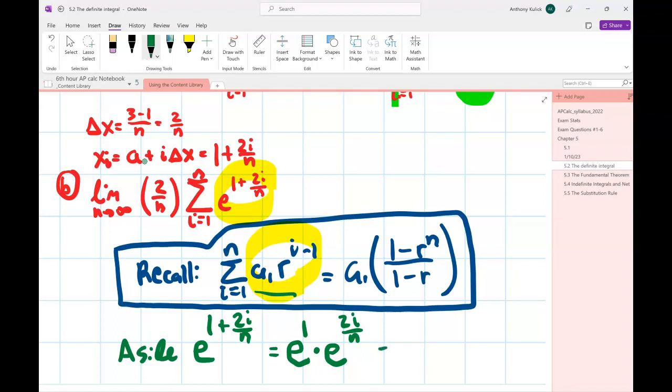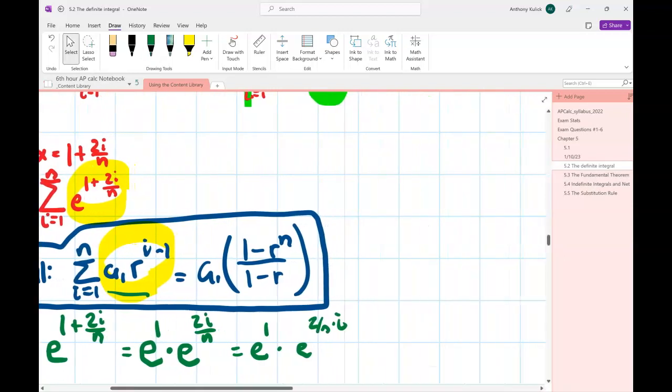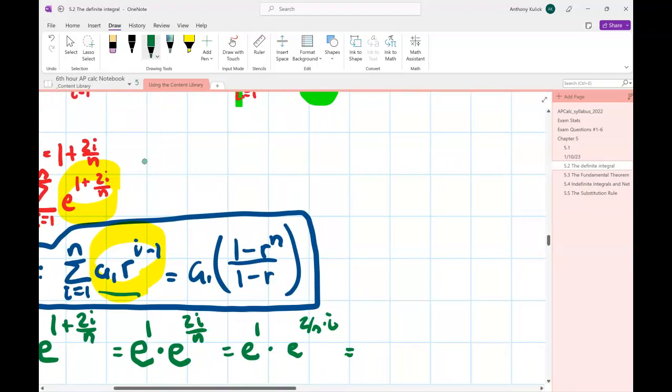And then I'm going to think about e to the 2 over n times i, like that. Because I remember when I have a product in the exponent, that's the same thing as the exponent of an exponent.